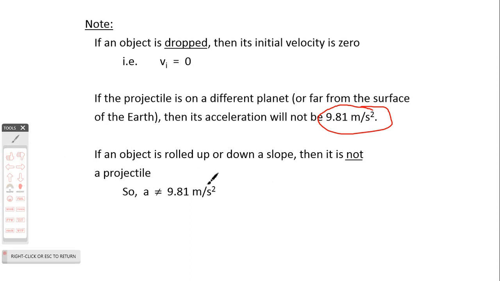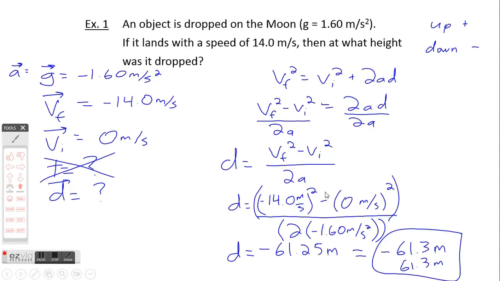Otherwise, we are going to make the assumption that it is 9.81, even if the question doesn't specify it. Also, if the object is rolled up or down a slope or rolling down some stairs or something like that, it is not a projectile. And so its acceleration is not 9.81 meters per second squared downwards.